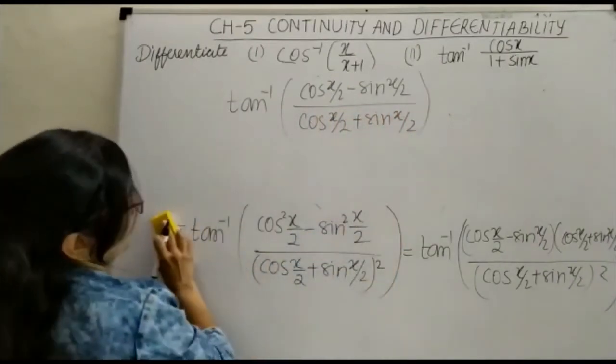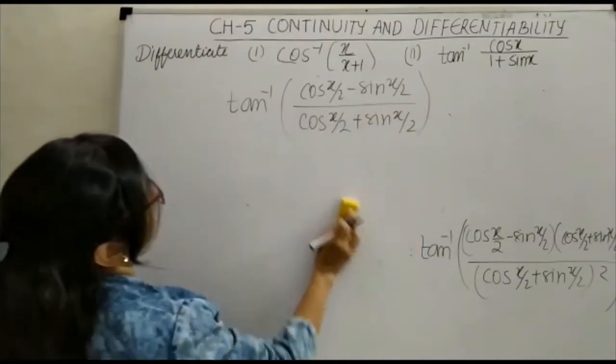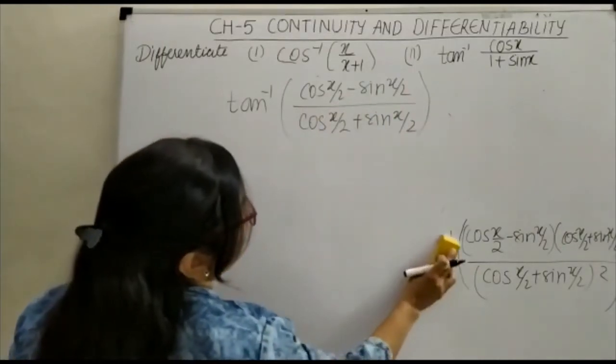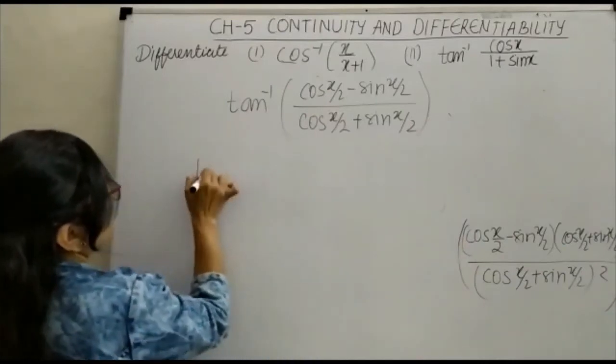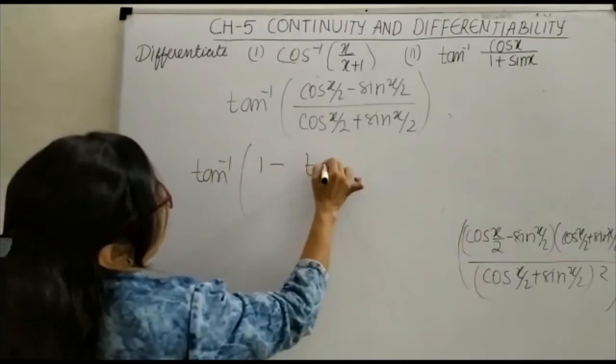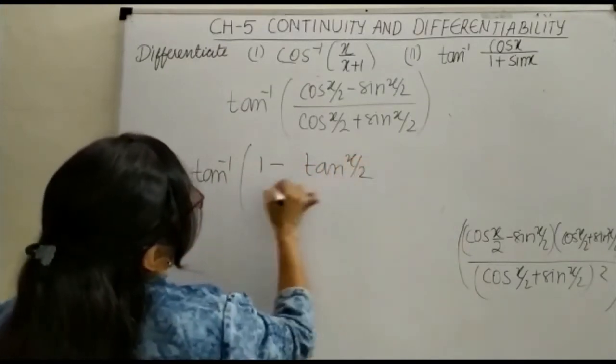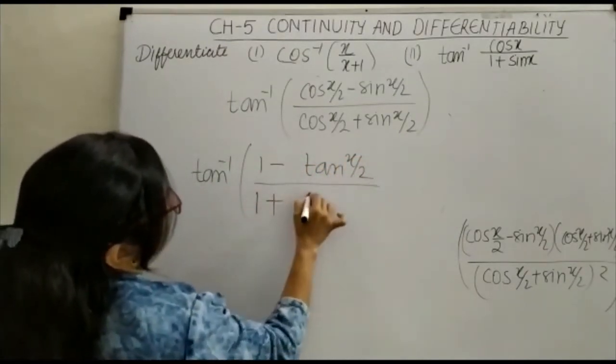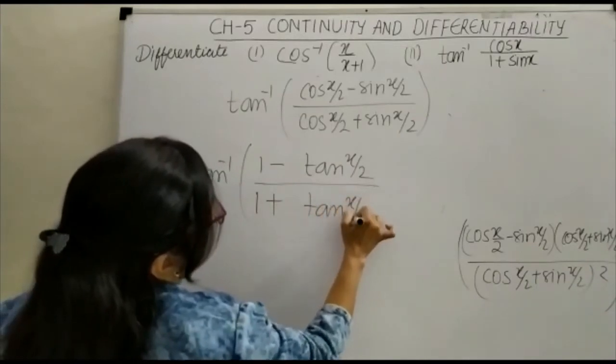Now we will divide numerator and denominator by cos x upon 2. So this becomes tan inverse 1 minus tan x upon 2 and 1 plus tan x upon 2.